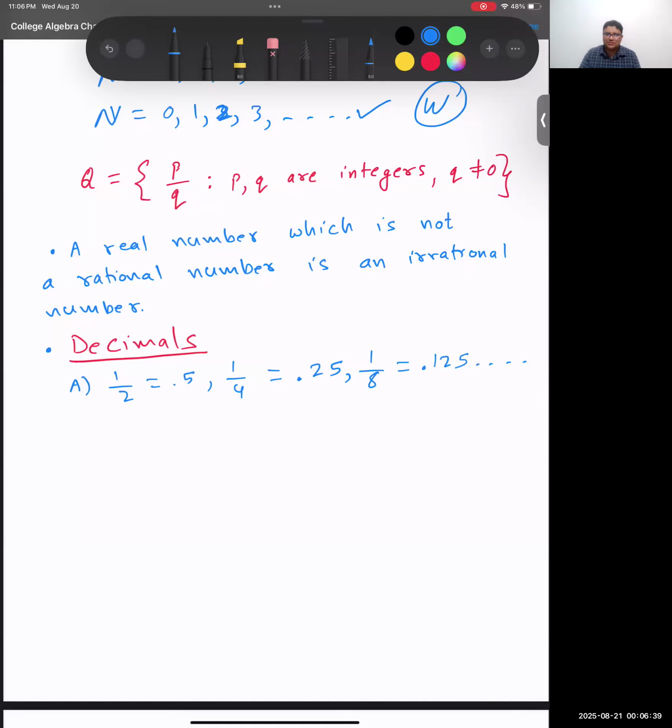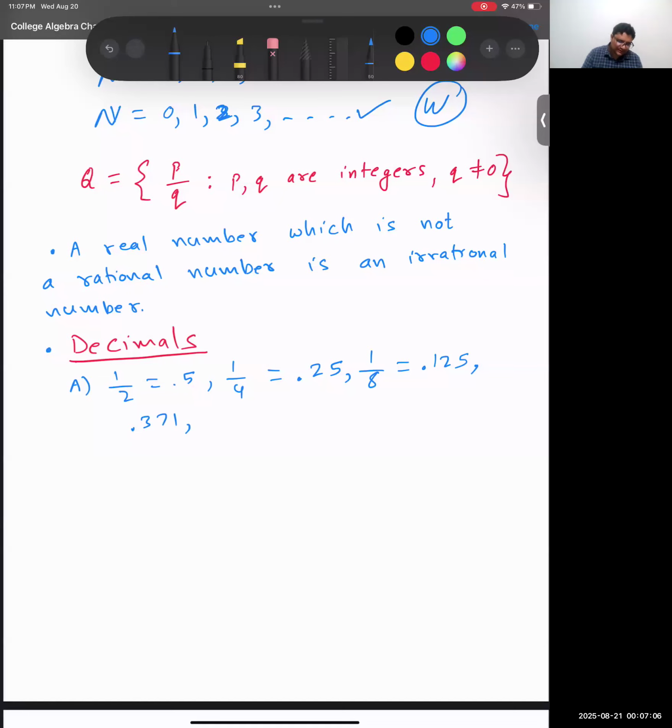And that's not just 1/2, there can be more. Actually, that dot might be misleading there. But all these numbers, you notice that they're ending, right? 0.5, 0.25, 0.125 and so on. They're ending at some point. And I'll maybe give more examples.